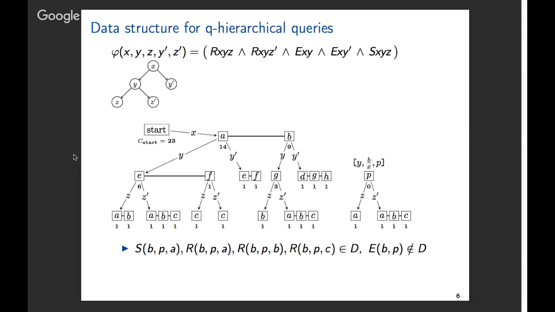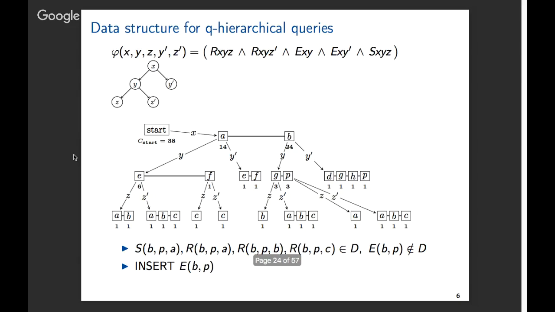For example, if we have tuples in the relation R and S, say BPA, BPB, BPC, and so on, but we do not have the tuple EBP, then we know that this thing is not part of our query result yet, but we also represent it like here, but it's not connected to our original data structure.